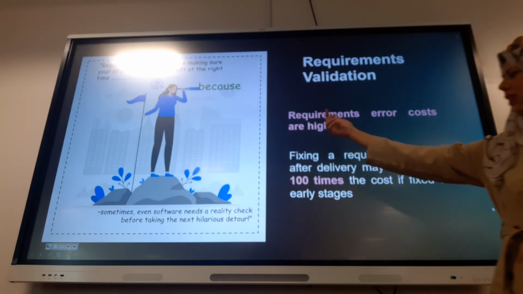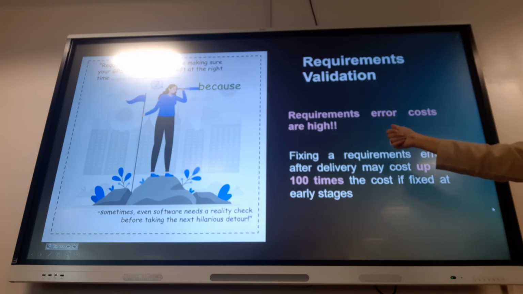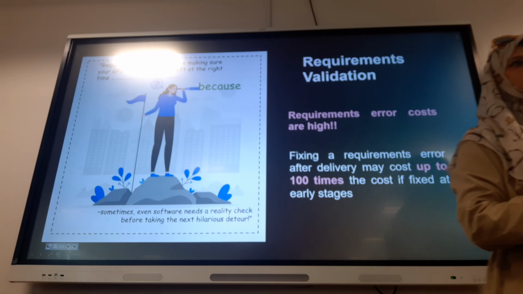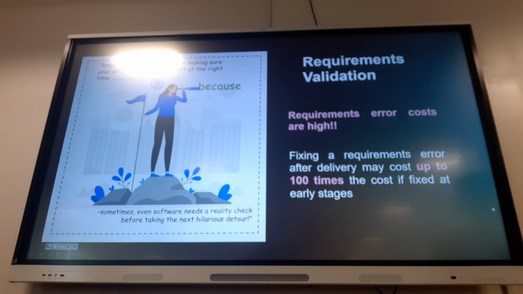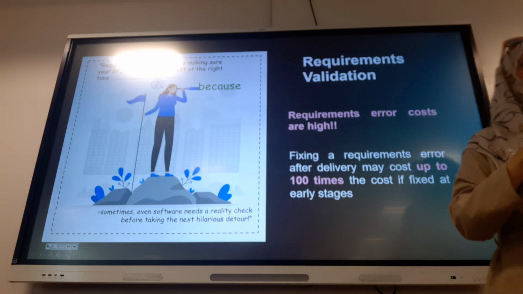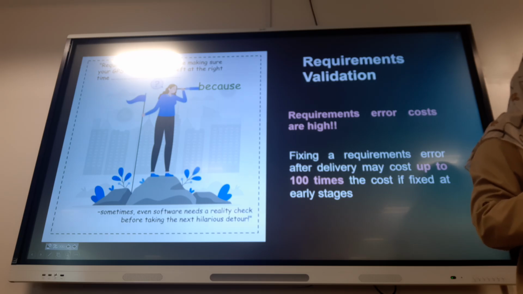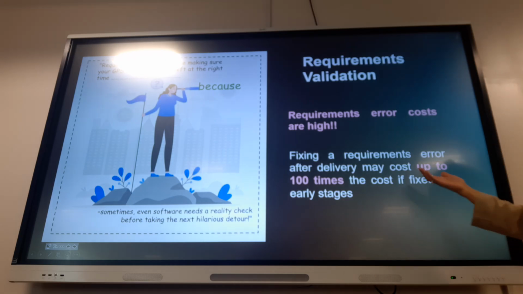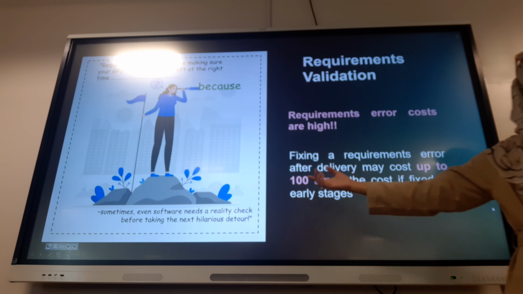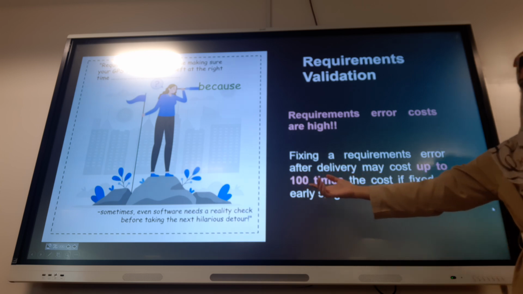So here we can say that these errors can cost a lot, right? You have one of two options, either to fix it immediately on the spot when you realize that something is wrong, or you keep waiting. You push this late into the process, and then you find that the cost is going to double, up to 100 times sometimes.